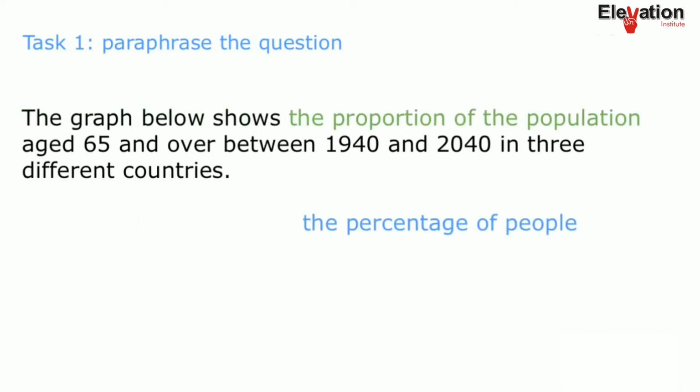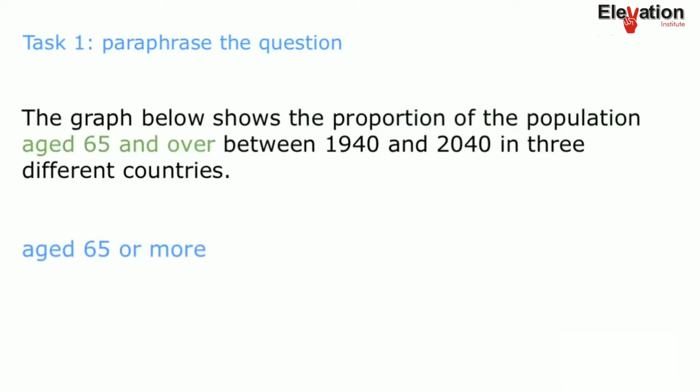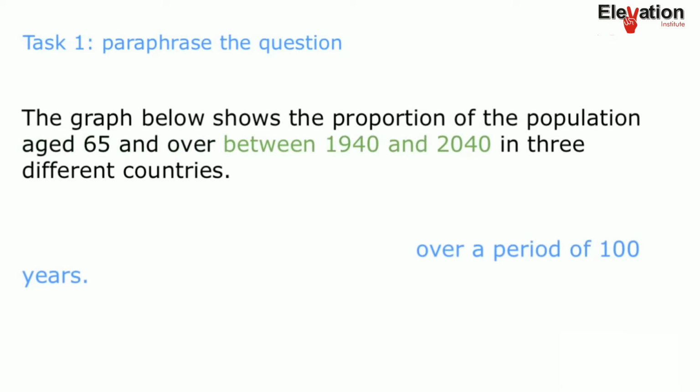Then, the proportion of the population, the percentage of people. Aged 65 and over, I've changed to age 65 or more. And between 1940 and 2040, I've changed to over a period of 100 years.